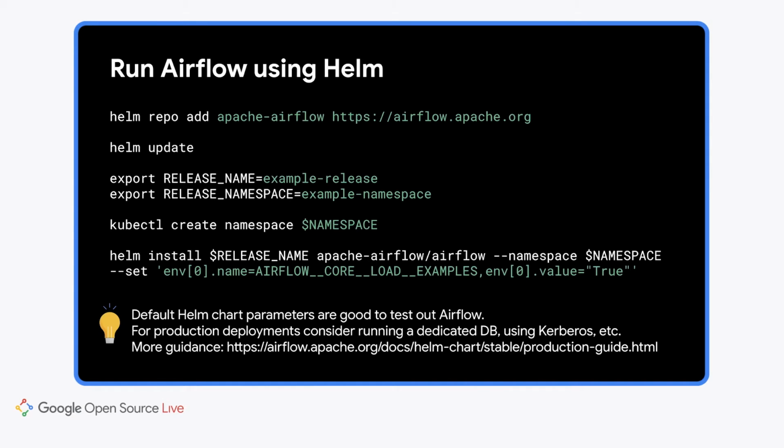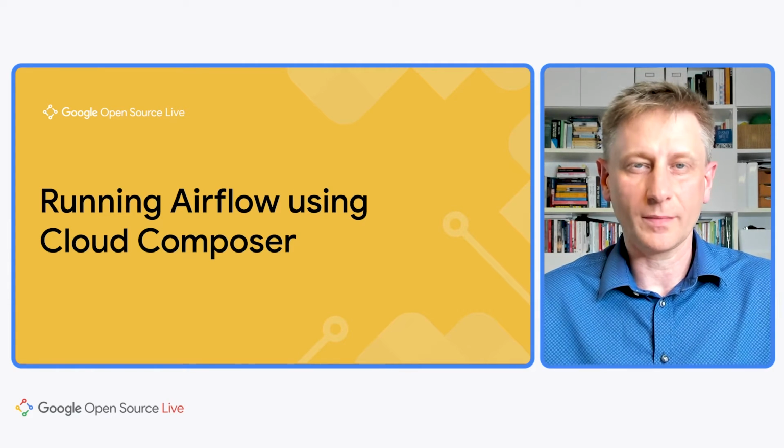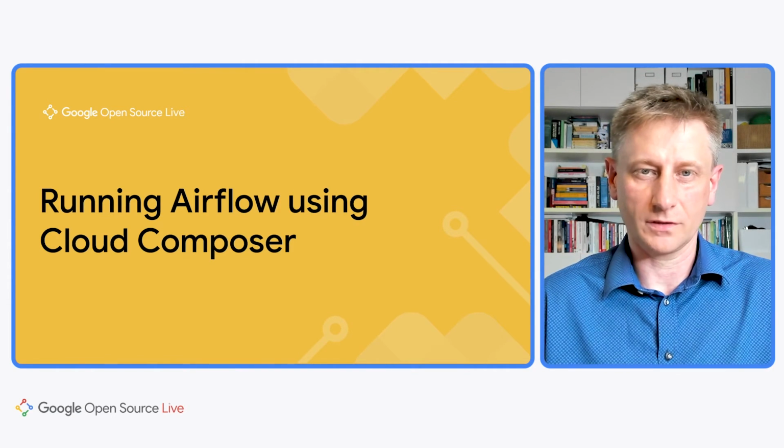The link to this guide is presented in the slide. You can navigate to this page and learn what default parameters of the Helm chart should be changed to get a production grade Airflow installation.